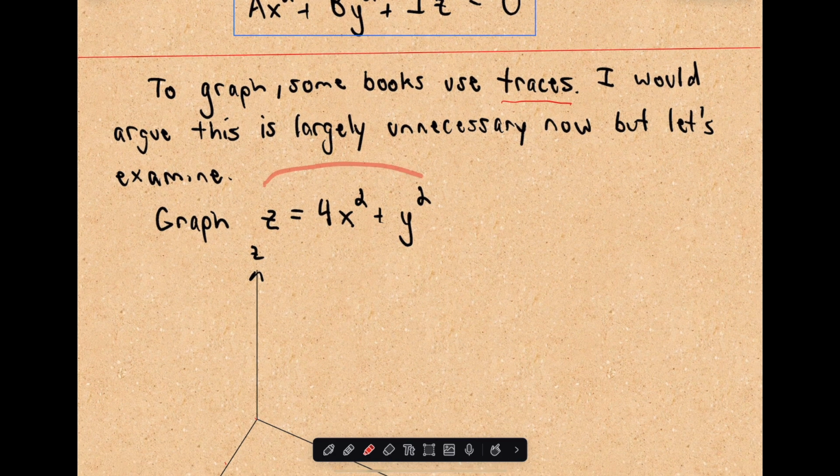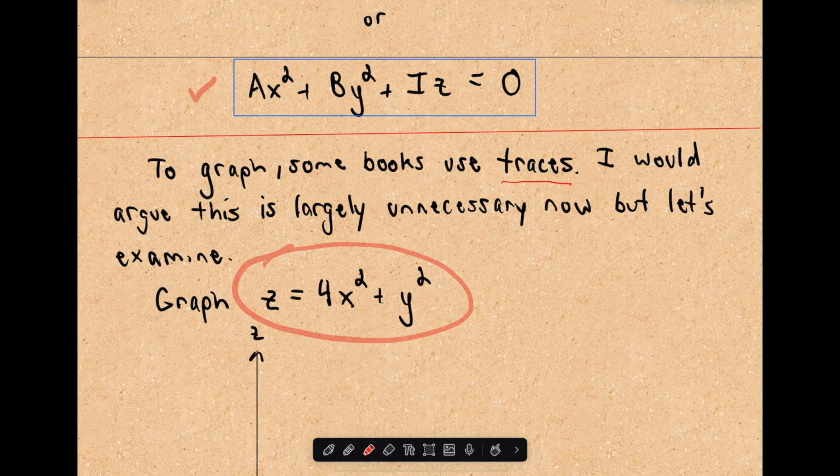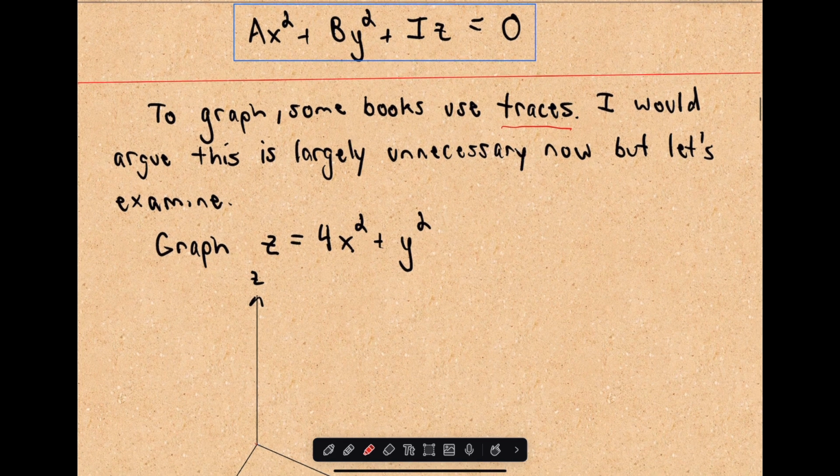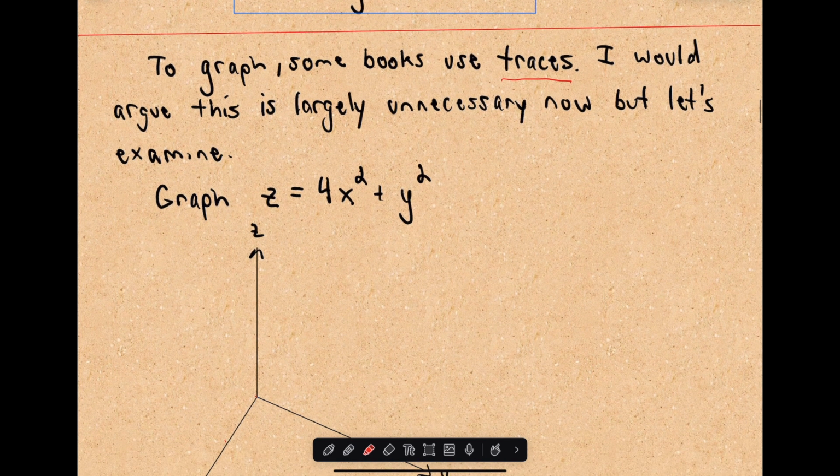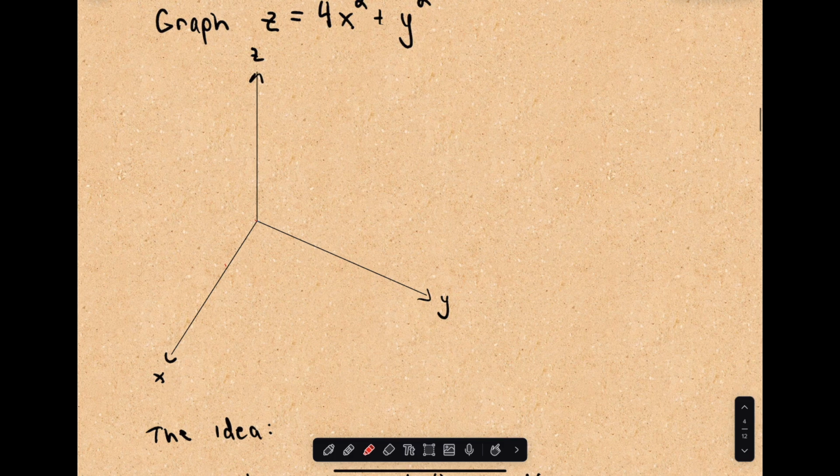So I'm going to try to graph this quadratic surface, z equals 4x squared plus y squared. Notice again that would correspond to this second form that we mentioned here, after we put the terms involving x and y on the right side and isolate our z. Okay, so there's my x, y, and z.